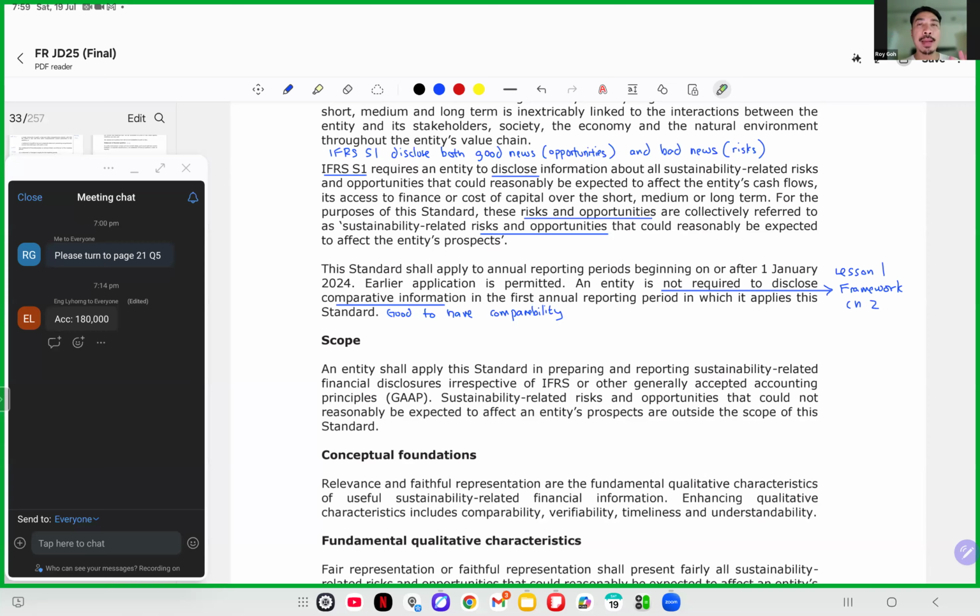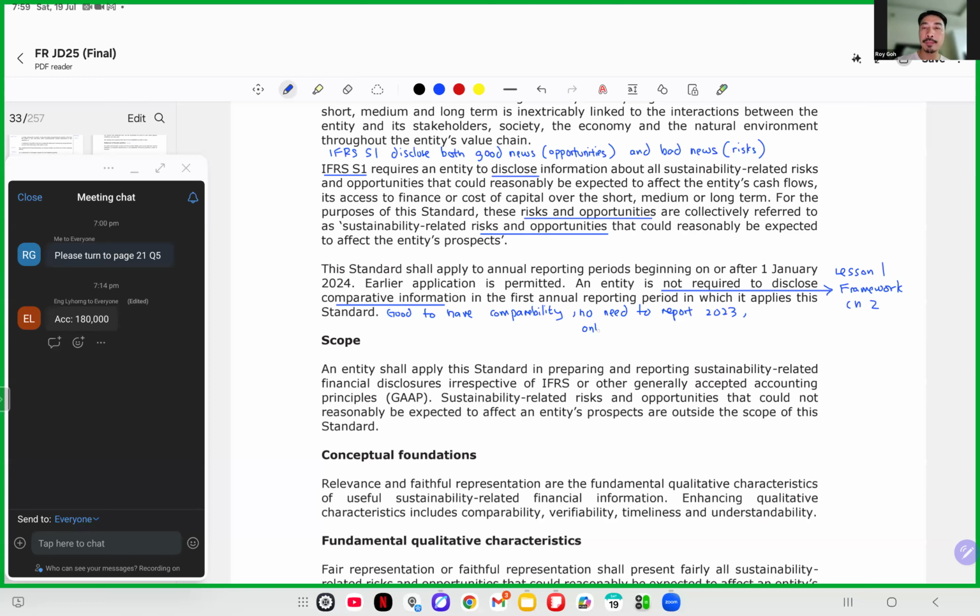So how do you revise my lecture? Go to lesson 1. Go to lesson 2, 3, 4, 5. Don't skip the class, all right? So in this case, this is disclosure. No comparative, you are still correct. Understand? Because 2024 is the first year. You don't have to report 2023. This is the meaning. So no need to report 2023.